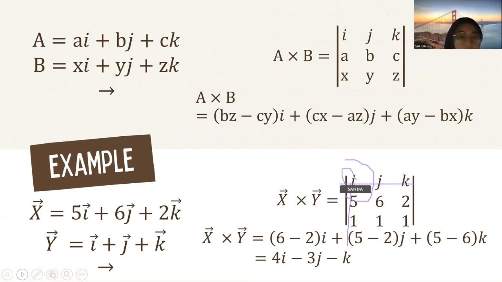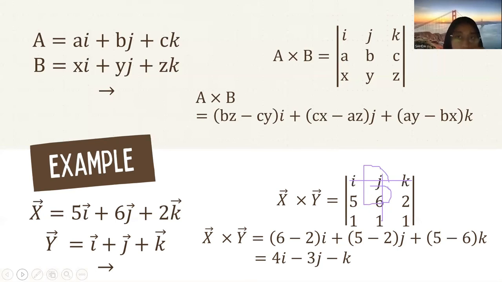So you have 6 times 1 is 6, minus 2 times 1 is 2. And for j hat, you're going to cross out the column and row, and you have 5 times 1 is 5, and 2 times 1 is 2.